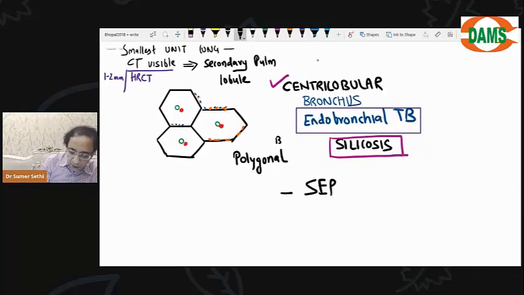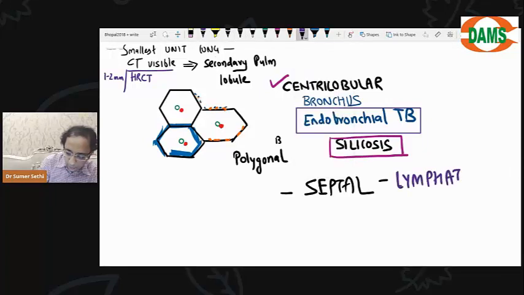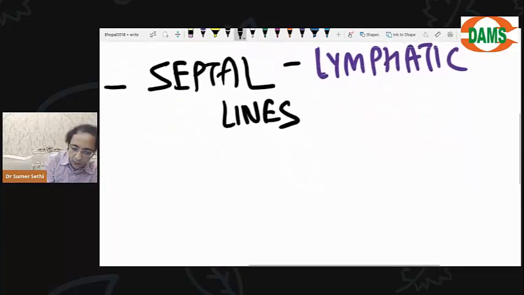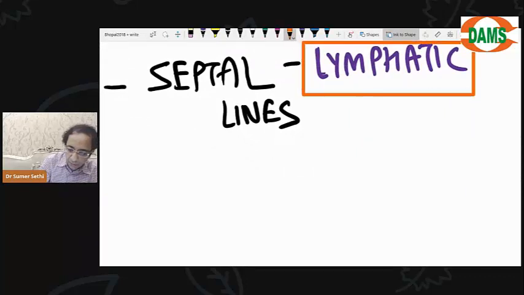Now let's see if you can answer. If a disease is causing thickening of the septum, these are the septa, we believe that the disease is having a lymphatic origin. So if there is septal thickening on CT, we will call it septal lines, and the origin of the disease is now believed to be lymphatic.